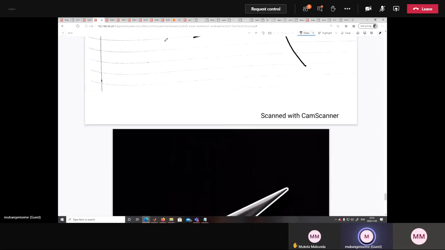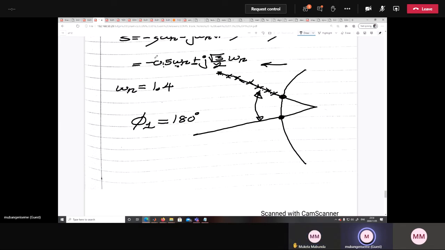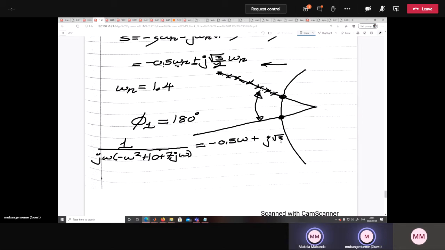So I plugged j omega into the root locus formula. So I've said j omega is equal to minus omega squared plus 10 plus 7 j omega. And this must be equal to minus 0.5 omega plus or minus j root 3 over 2 omega. I know it's omega n, but I'm just going to call this omega.